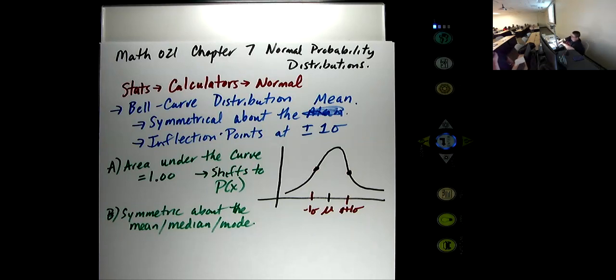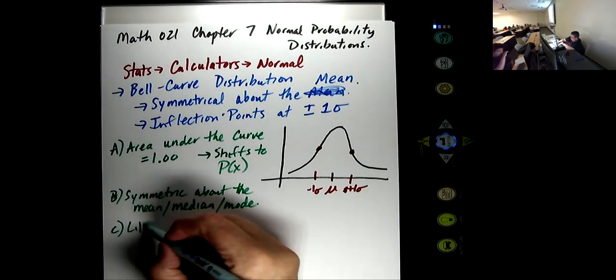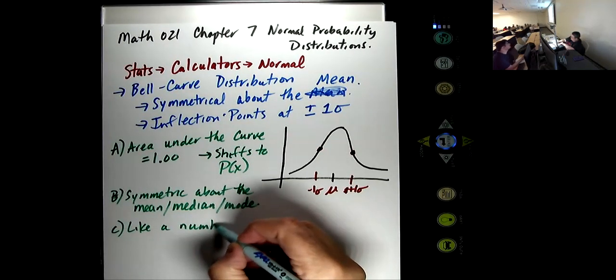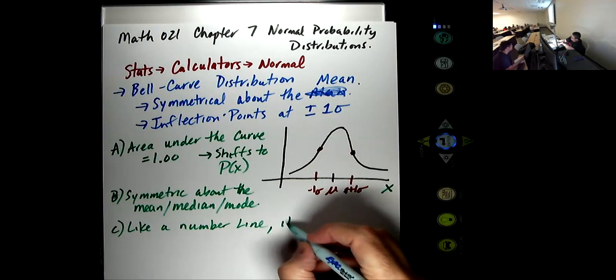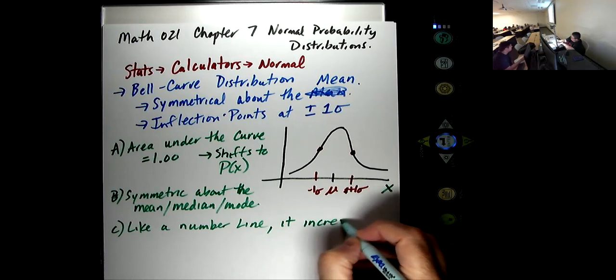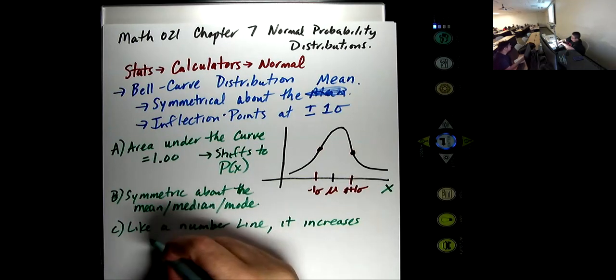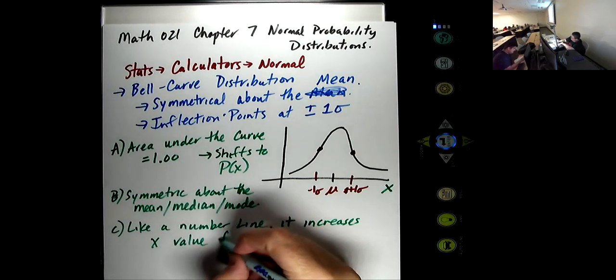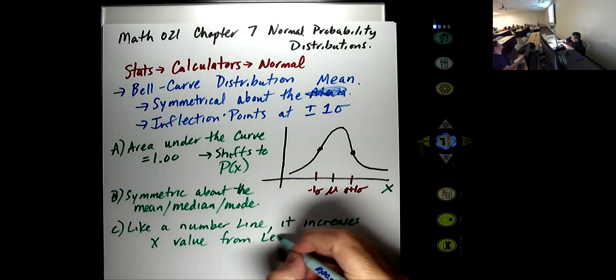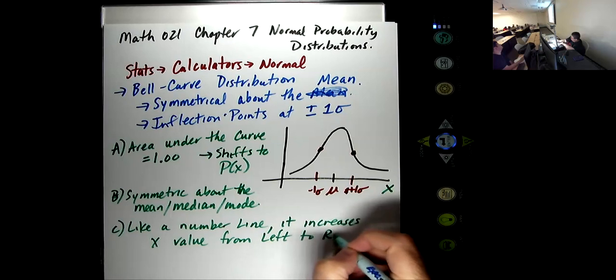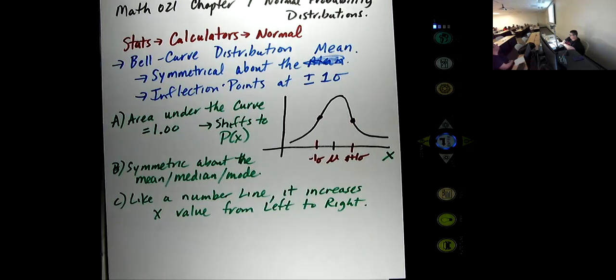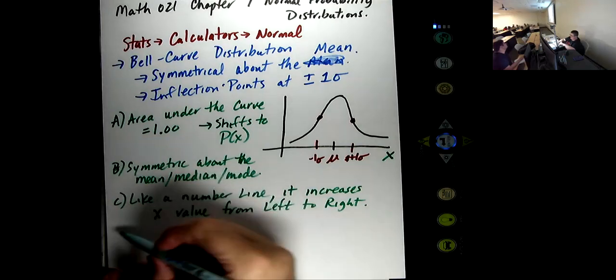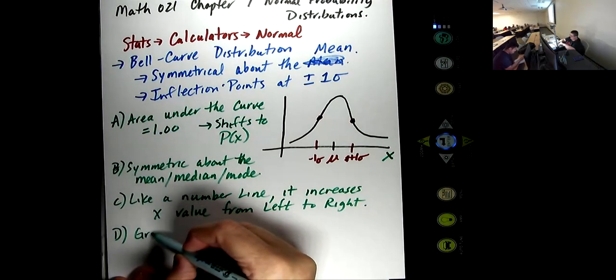Like a number line, it increases from left to right. And the graph never touches the x-axis.